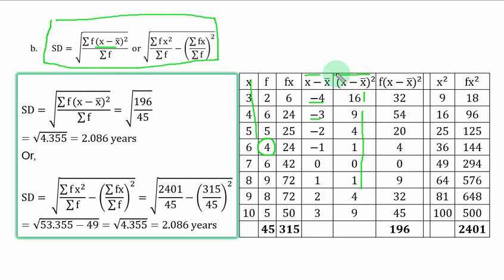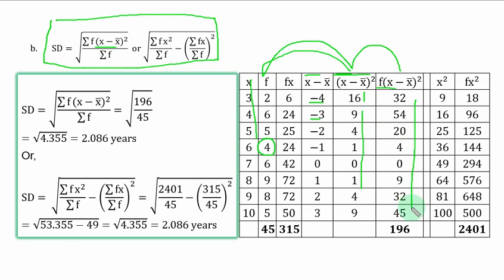After that, you multiply this column by f. That is taking these two columns. F times this column gives this column. So f is 2, 2 times 16, 32. When f is 6, 6 times 9, 54. When f is 5, 5 times 4, 20, and so on.